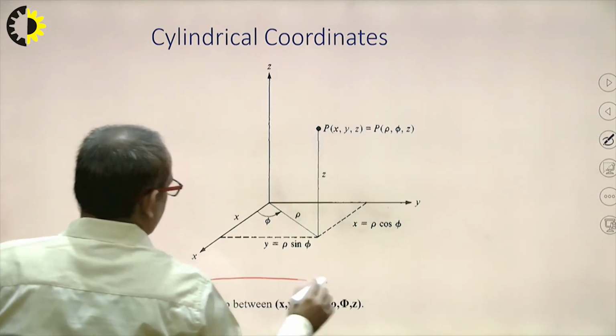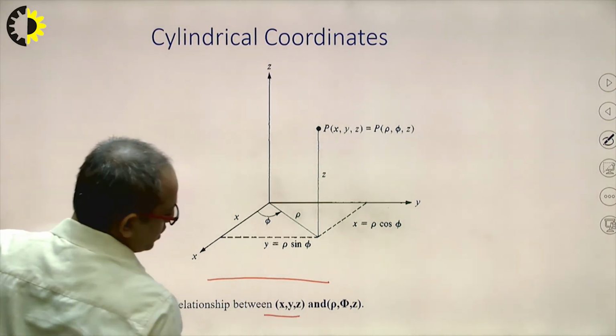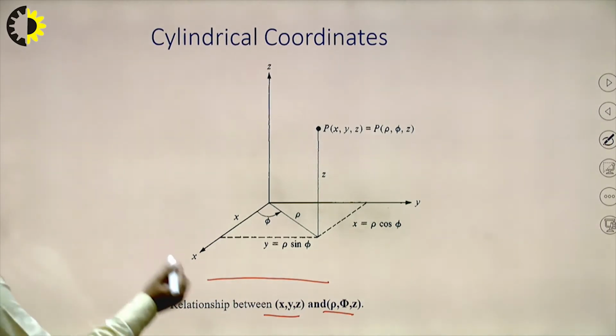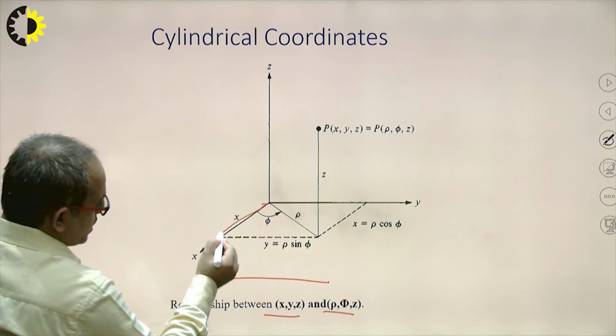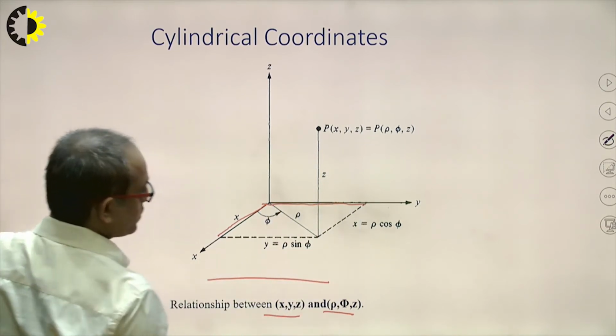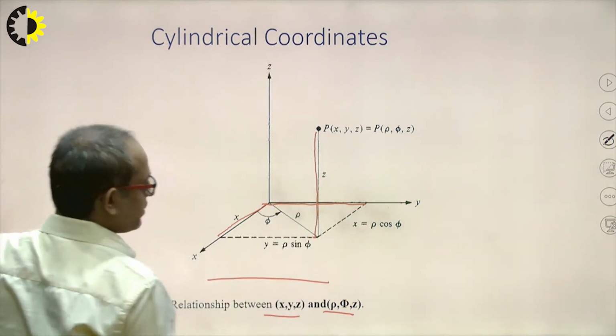Now see, this graph represents the relationship between the Cartesian coordinate system and the cylindrical coordinate system. You will see here that this one is x, this one is y, and this represents the z.